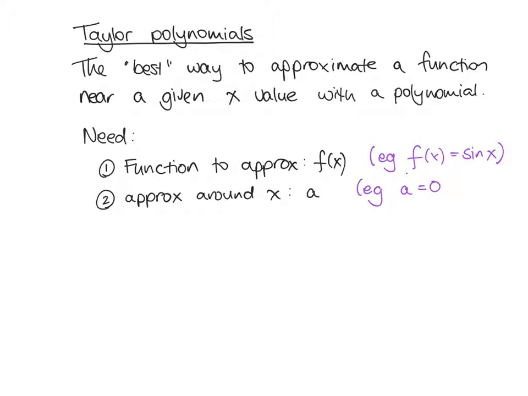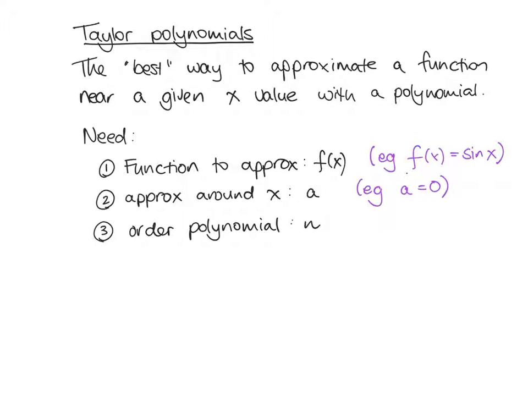So we were looking at approximations of sine of x for values near x equals 0. And the third thing that you need is the order of the polynomial you're going to use for your approximation, which is generally referred to as n.